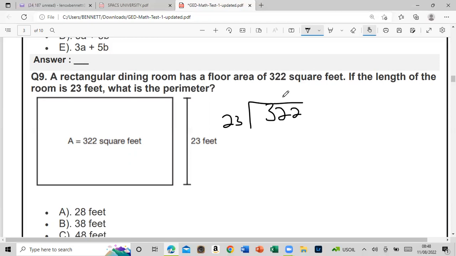So 23 into this 1. Subtract 3 from 2, you can't, so borrow 1, that is 2. So this leaves 9, right? And then carry down the 2. So we have 92. So 92 divided by 23, that should give us 4.